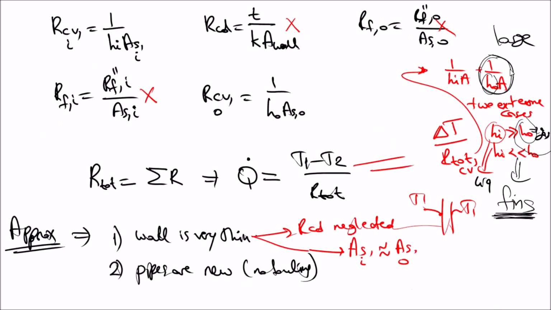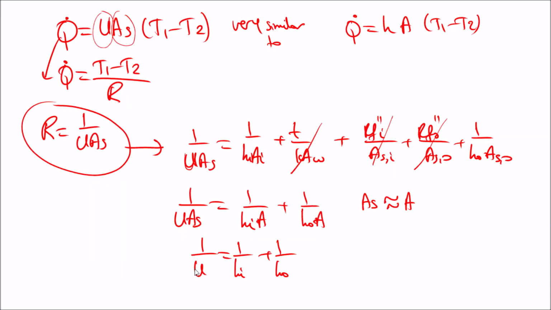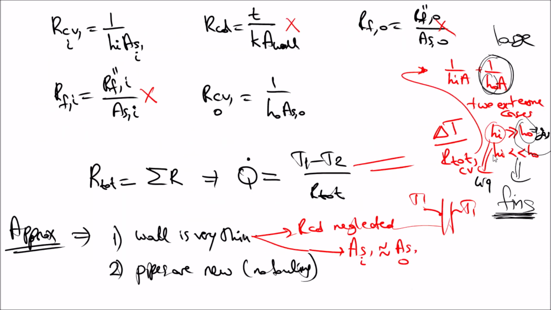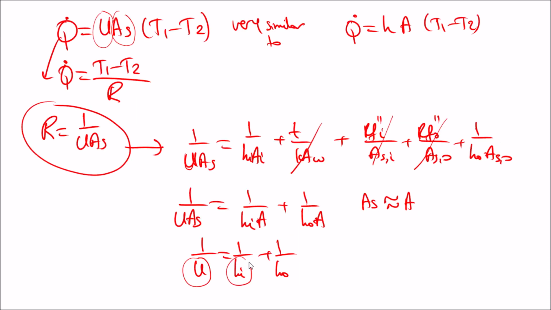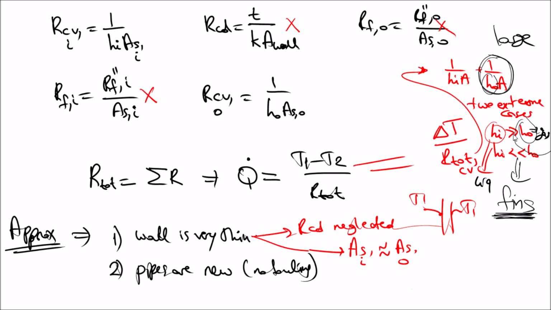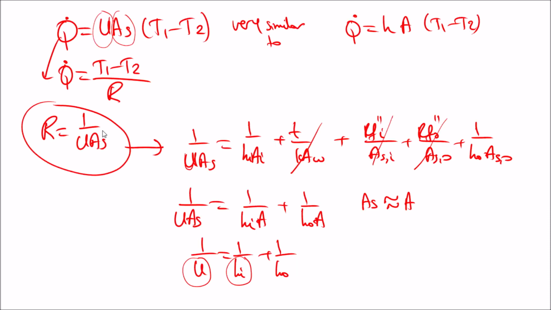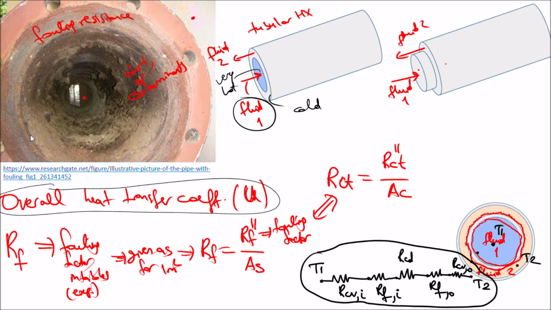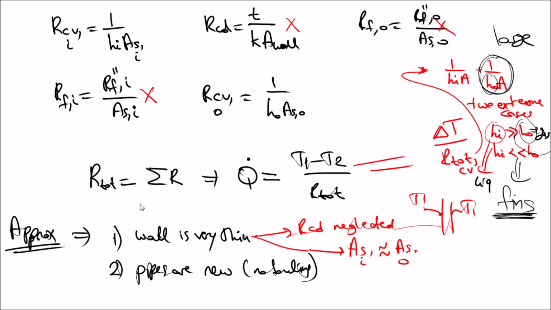Very similar to the earlier discussion. So the overall heat transfer coefficient is dominated by the value of h inner if it is greater, or h outer if it is greater, as in these two extreme cases. And this is the U value for the heat exchanger, called the overall heat transfer coefficient. This is the same U.